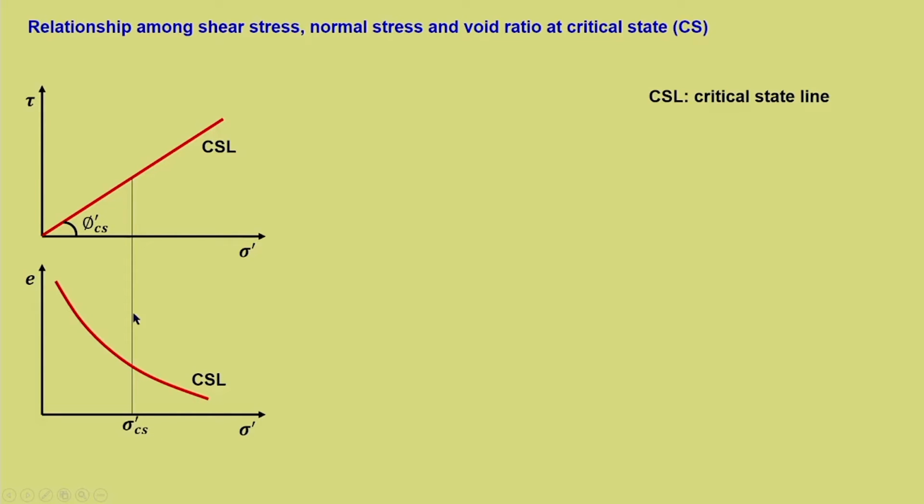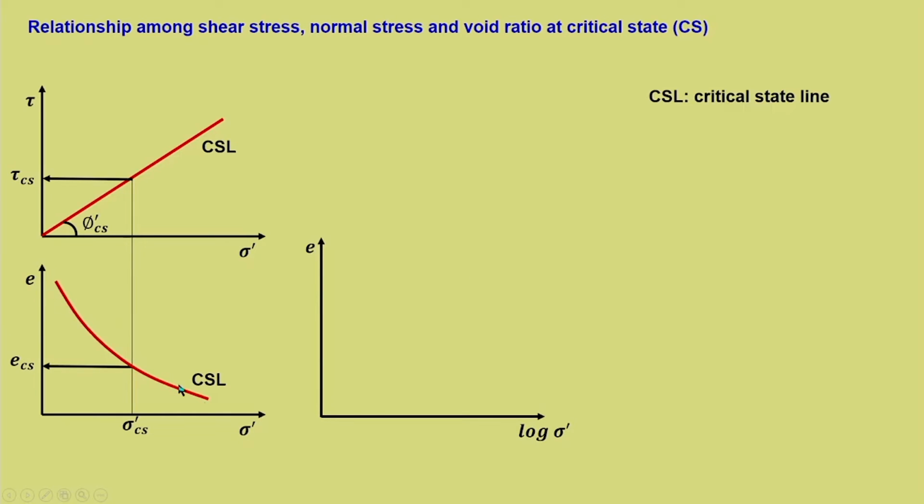For example, this is sigma dash CS which is relevant to both the plots, where on this plot, that is e versus sigma dash, we have e CS and here we have tau CS. Tau CS, e CS, sigma dash CS, these three are connected.